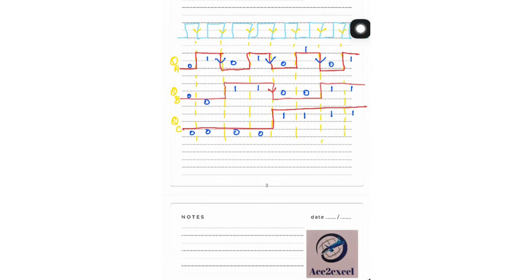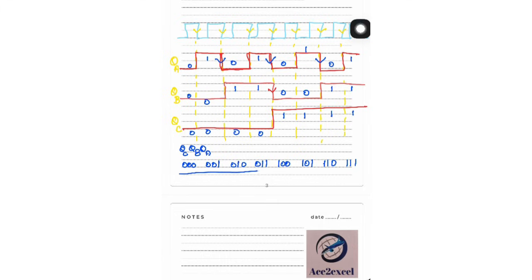If I write it as MSB first, it is QC, QB, QA. The sequence, if we write it, is 0, 0, 0, 0, 0, 1, 0, 1, 0, 0, 1, 1, 1, 0, 0, 1, 0, 1, 1, 1, 0, triple 1.